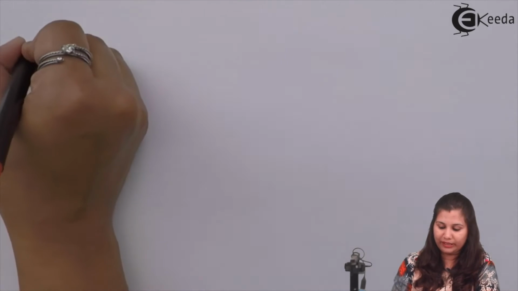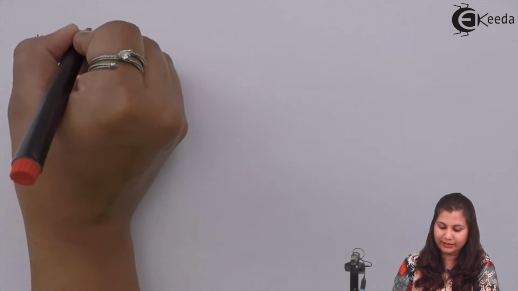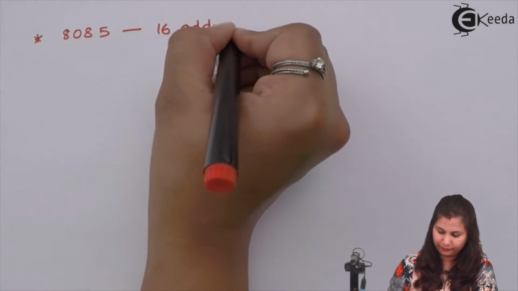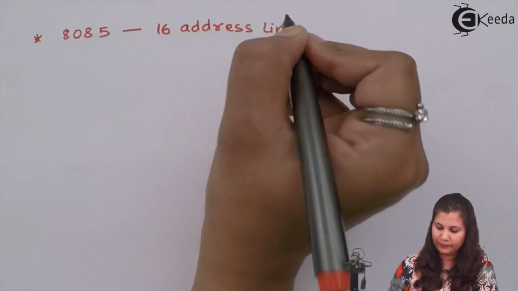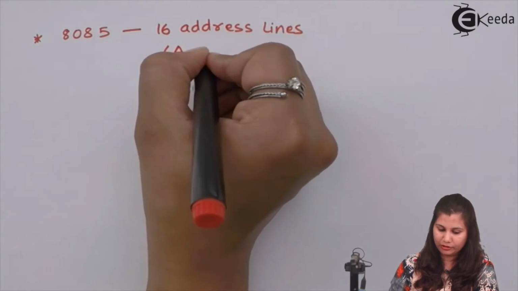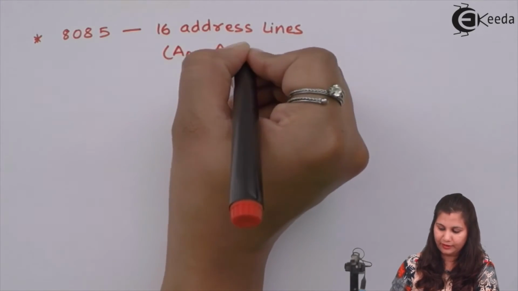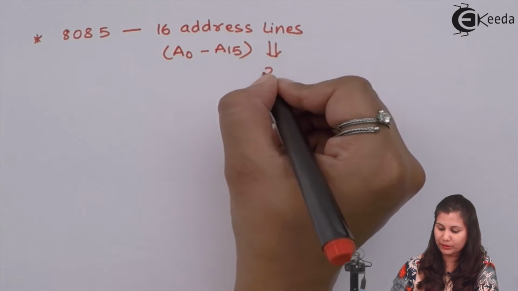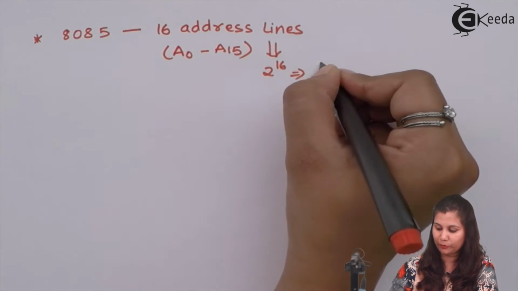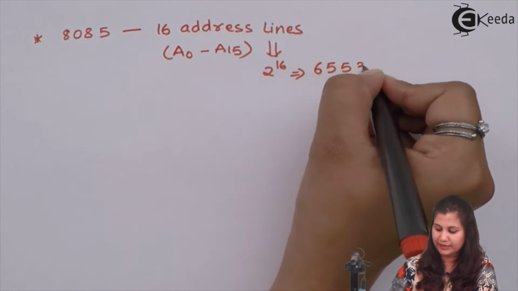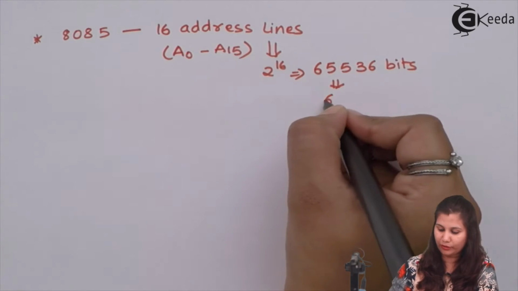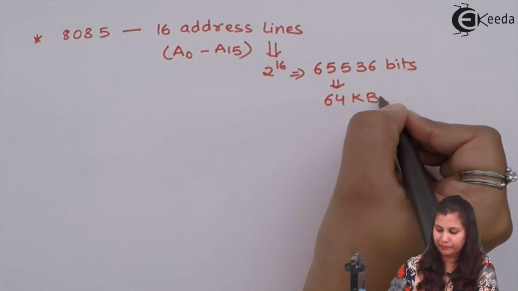Now in the 8085, we know that it has 16 address lines, starting from A0 to A15. If we take 2 raised to the power 16, it comes out to be 65536 locations, or 64 kilobytes of memory.